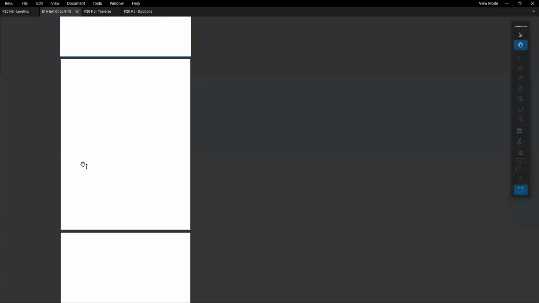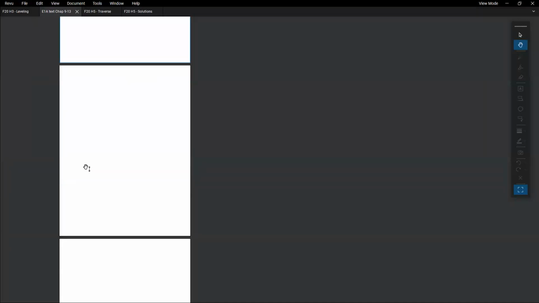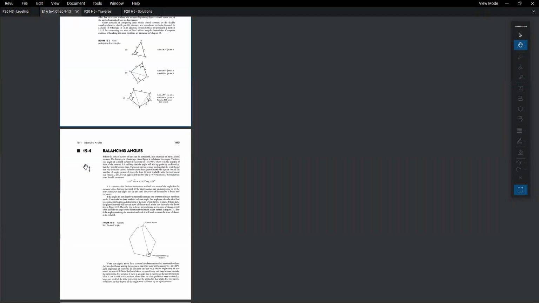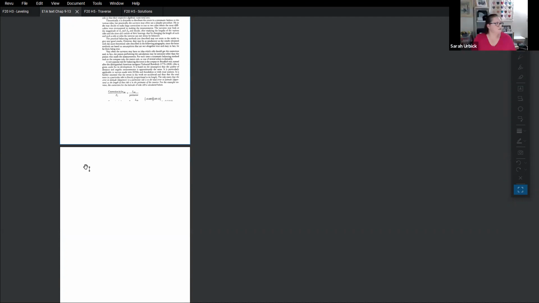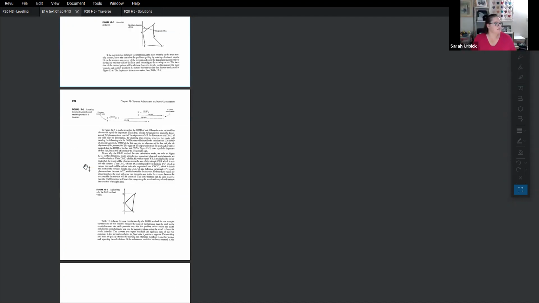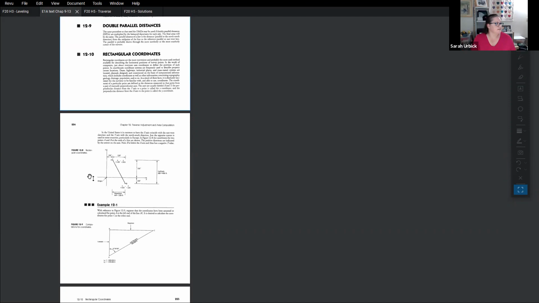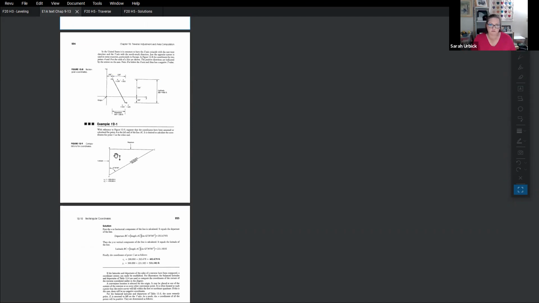Traversing. See if we get there without breaking my computer. All right, so latitudes, departures, double meridian distance, and here, rectangular coordinates.